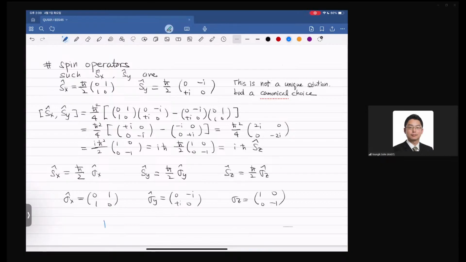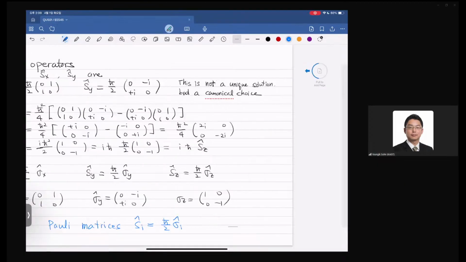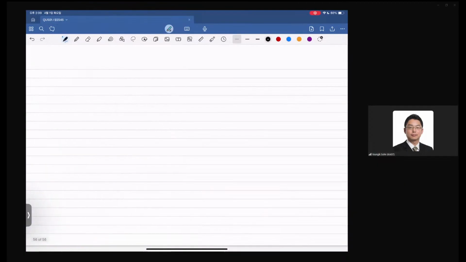So these, collectively, the three of them, are the Pauli matrices. Okay, Pauli matrices are introduced. So we now have the matrices for spin in the x, y, z directions, okay? In two-dimensional Hilbert space.